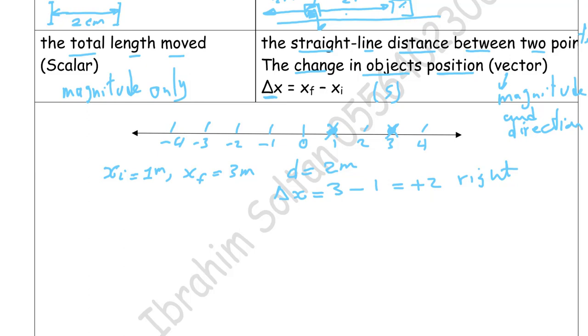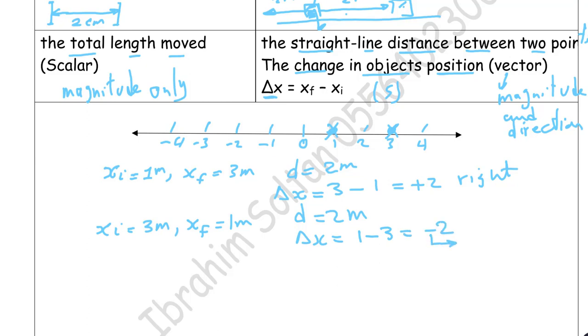Imagine that we make x initial equal 3 meters and x final equal 1 meter. So the distance is the same, 2 meters, because we don't care about the direction when we deal with the distance. But displacement equals final position minus initial position, so it equals -2.